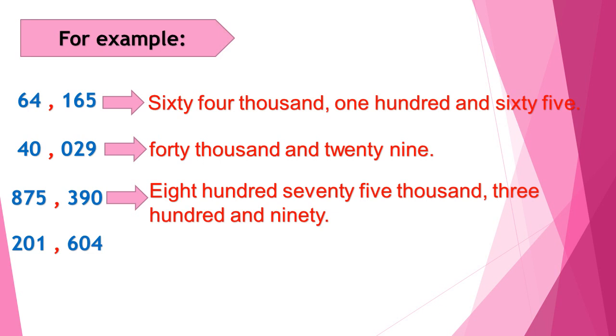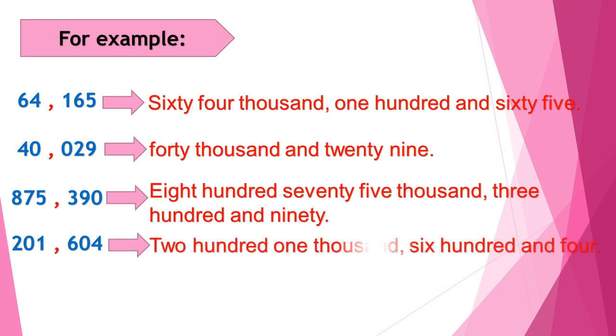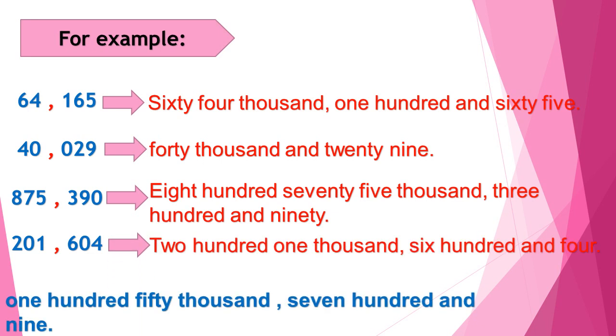Start from the left. 201,604. We have this number in words and we want to write it in digits. 150,709. We have two families, thousands family and ones family. 150, comma, 709.